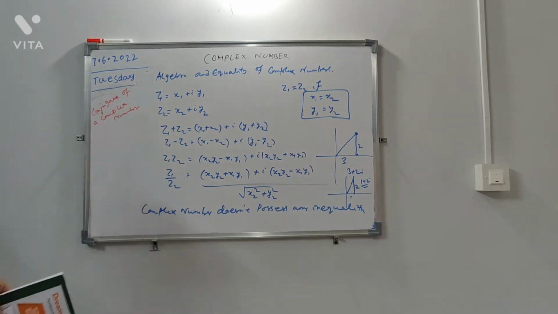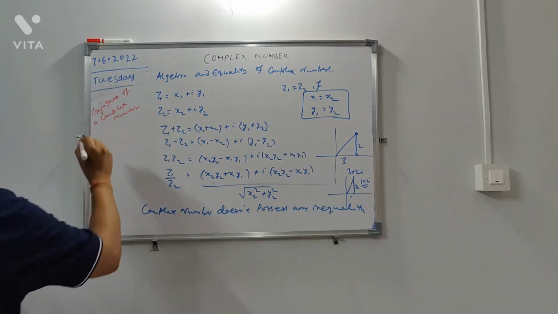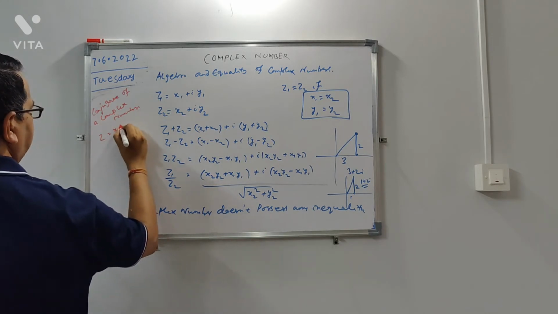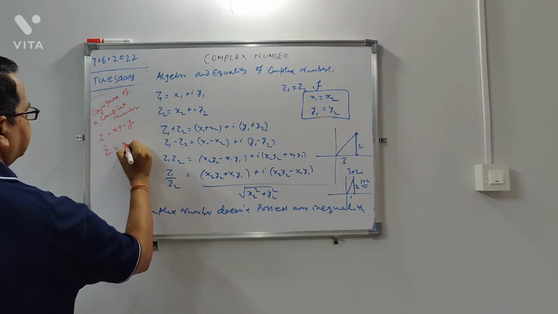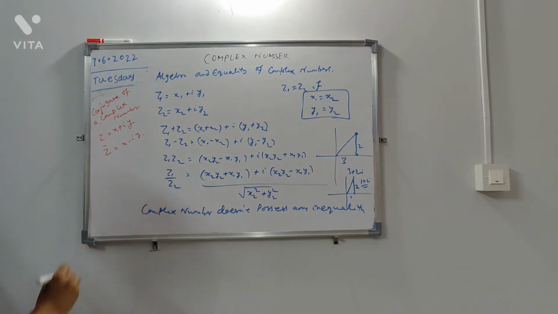What is the conjugate of a complex number? If z is equal to x plus iy, its conjugate z bar is equal to x minus iy. That's all. That is my conjugate.